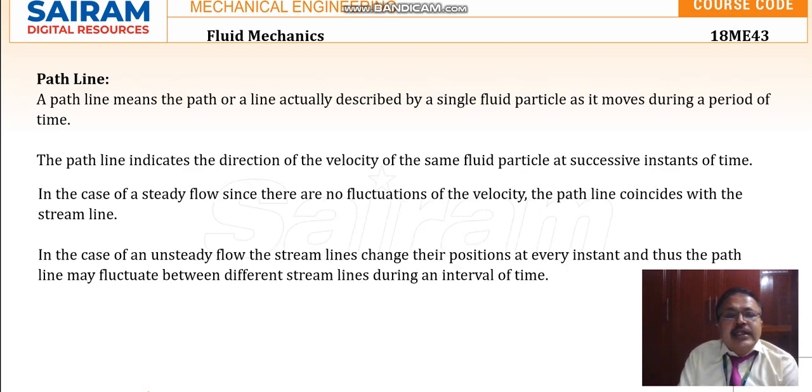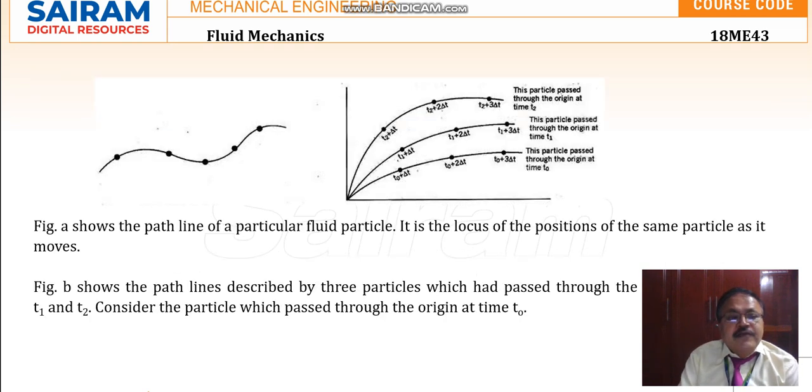Then path line. A path line is the path describing the movement of a single fluid particle over a period of time. The path line indicates the direction of velocity of the same fluid particle at successive instants of time.